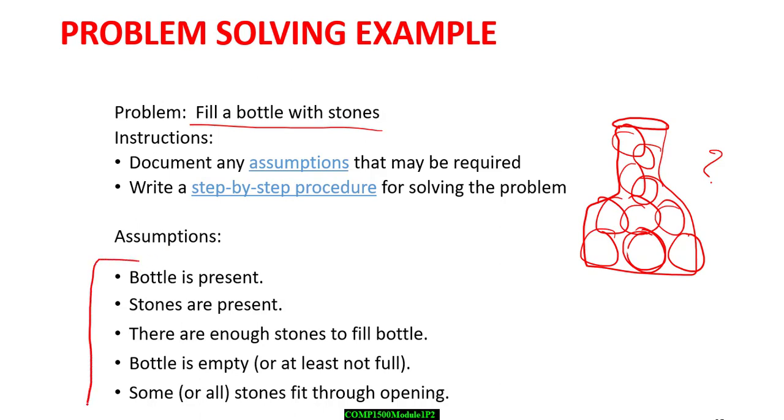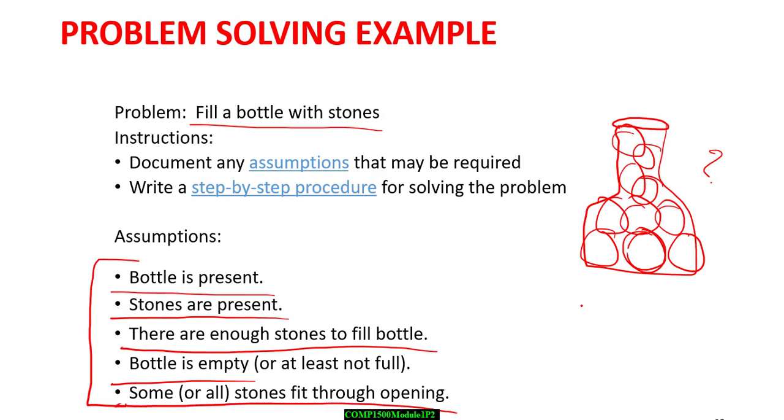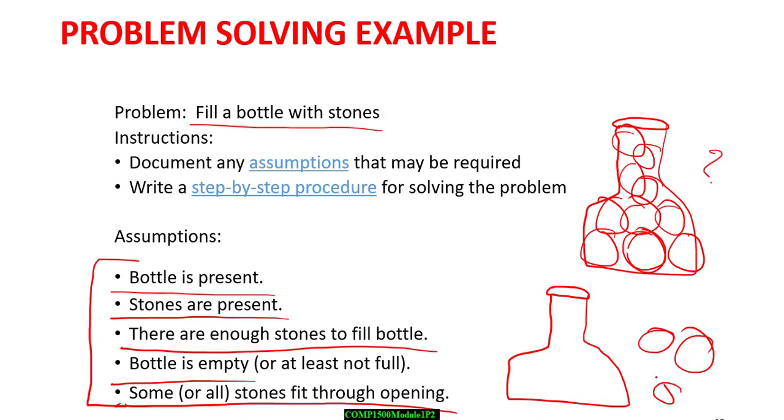The assumptions are the bottle is present, the stones are present. There are enough stones to fill the bottle. The bottle is empty, and mostly the stones can fit inside the bottle. So my bottle should start empty, and I should have some stones beside it. Some stones will fit, the others will not fit. I need to take them in here.